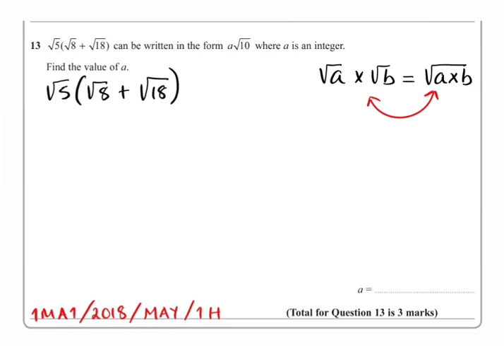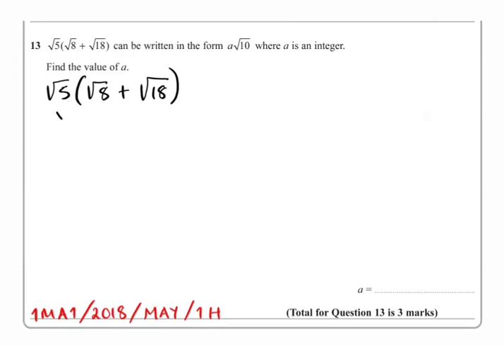So when you multiply two roots, you can rewrite them as a single root, and you multiply the numbers or the arguments and place the product or the result under a single root. Or we can separate depending on what we are trying to achieve. We are expanding, we are multiplying out, so let's get started on this one.